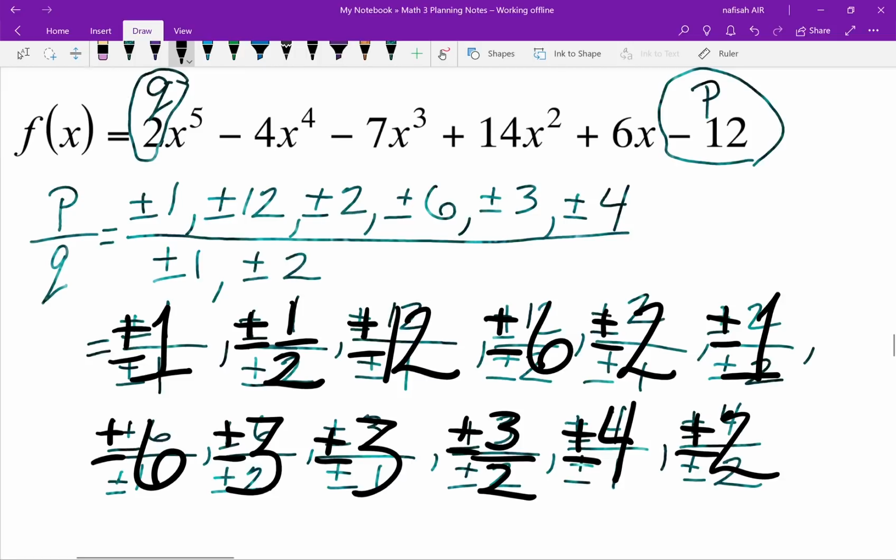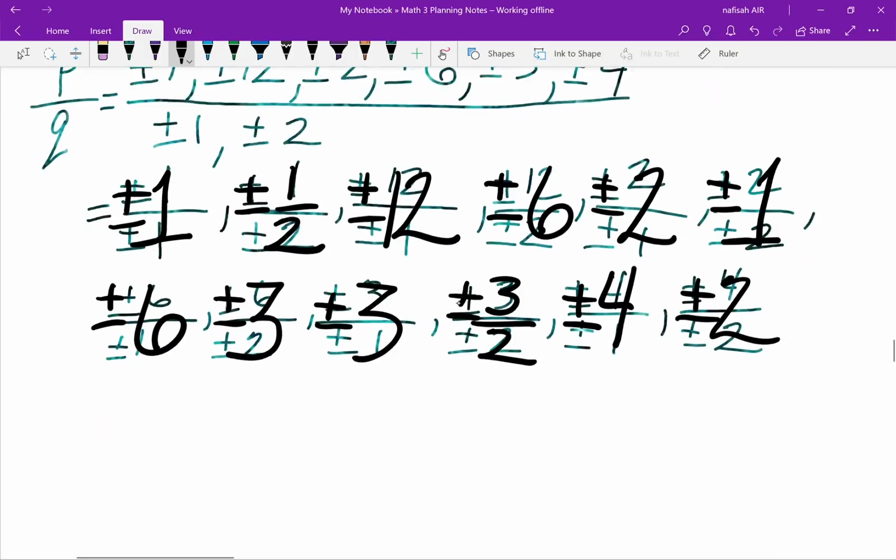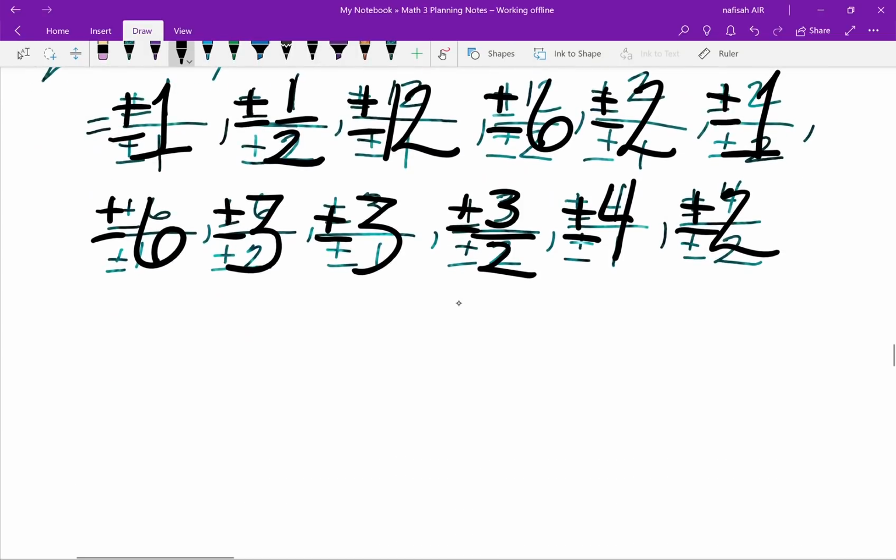I'm noticing already that I have a couple of plus or minus 3s. I have a couple of plus or minus 1s, a couple of plus or minus 2s. I'm not going to list the repeated numbers. So my final answer would be plus or minus 1. I like to do the whole numbers first.